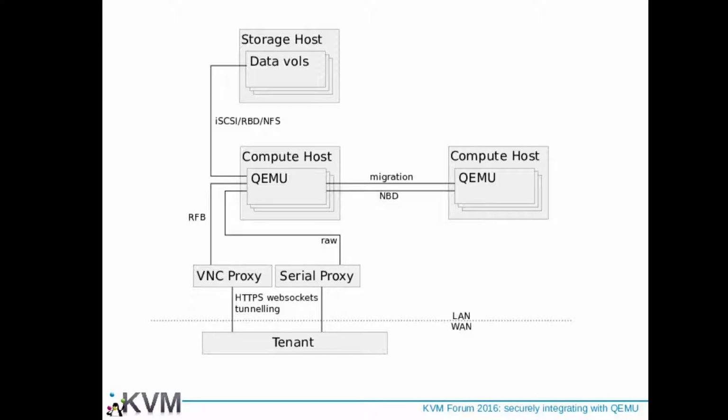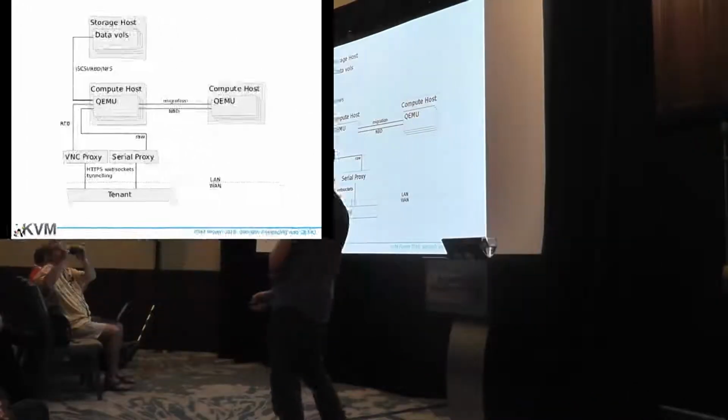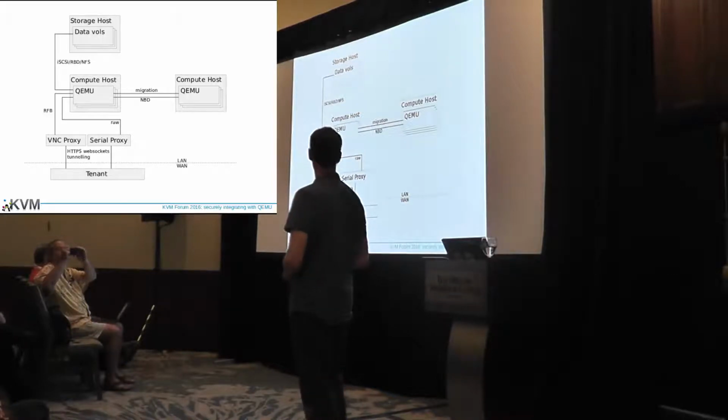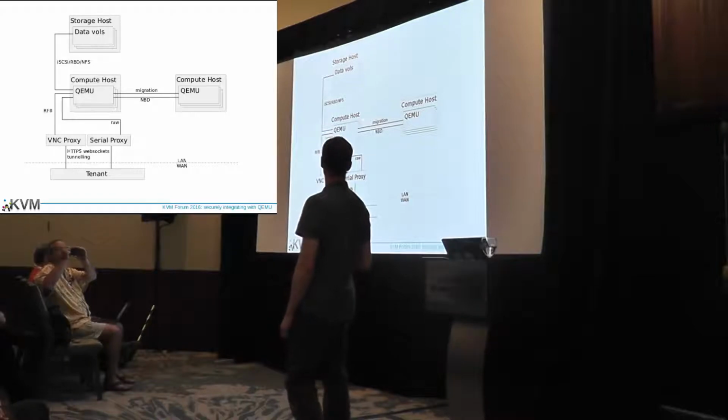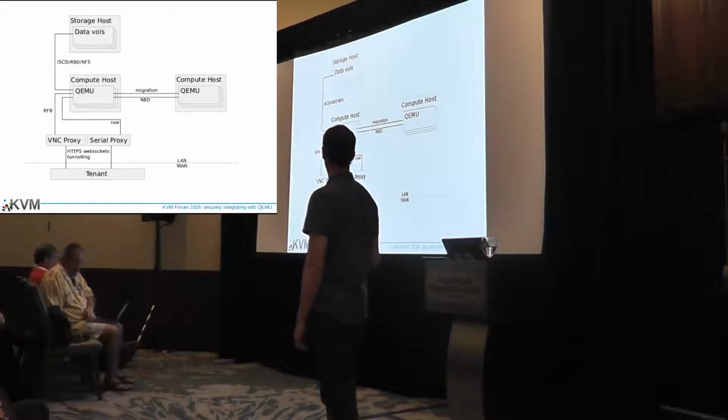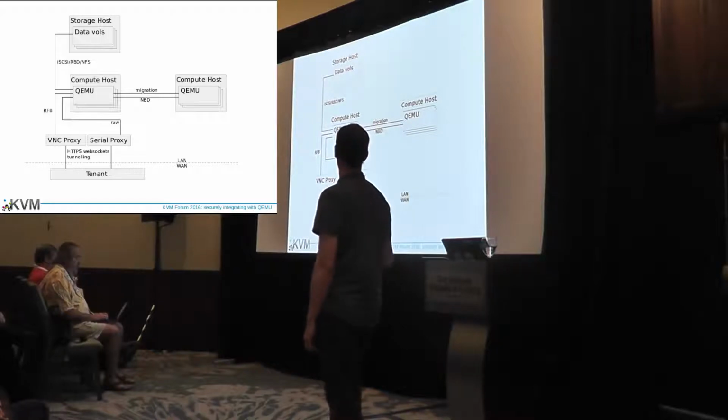So just to set the scene, this diagram is an exceedingly simplified view of a small part of the OpenStack infrastructure. We typically have a number of compute hosts running multiple VMs on the hosts. And if you're doing live migration, you'll have a migration data channel between two QEMUs on two hosts.